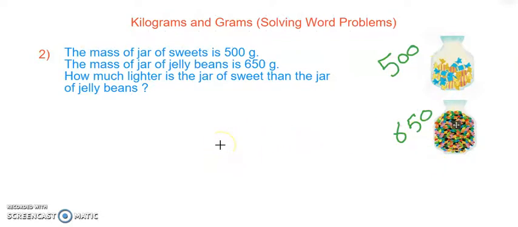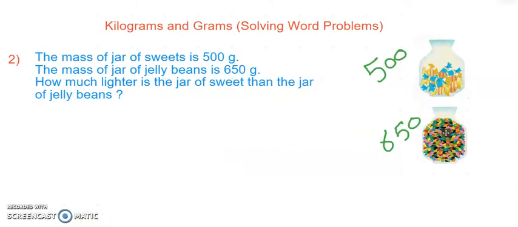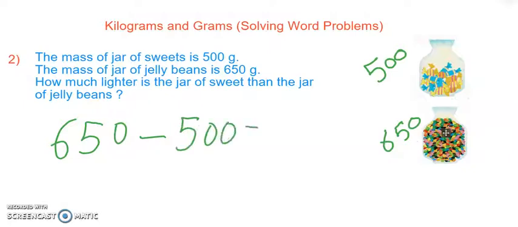So we have to write 650 minus 500, because we need to know the difference, how much this one is heavier than this one, or how much this one is lighter than this one.